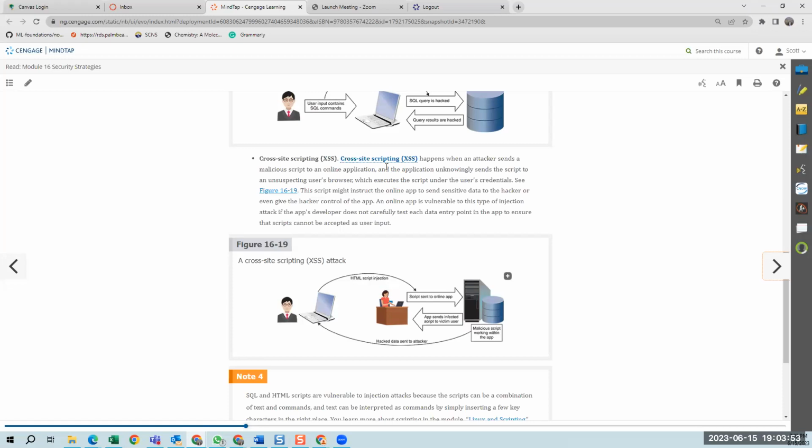We've got to think about how the internet and how browsers work. When you open up a web browser and look at a web page, it's just a file.